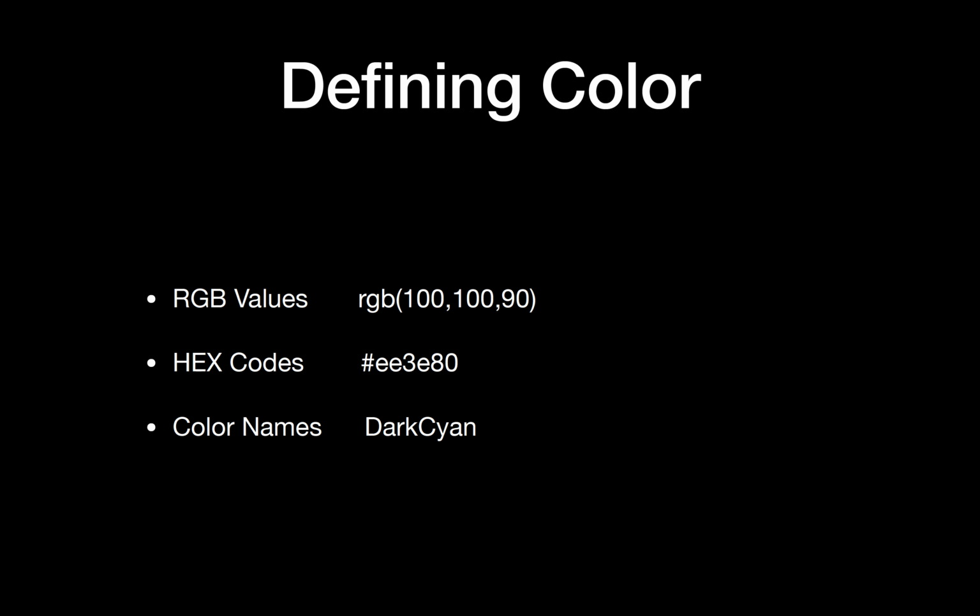You can't just enter random colors. I mean, it might get pretty close. There are specific names that CSS responds to, but for example, if you type dark cyan, that will give you kind of a deeper, darker cyan color to define your color. So we can define color 3 ways: RGB, hex code, and by typing a color name.